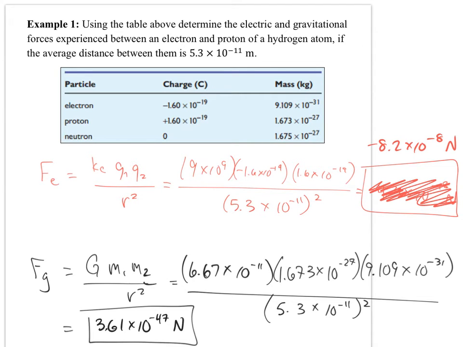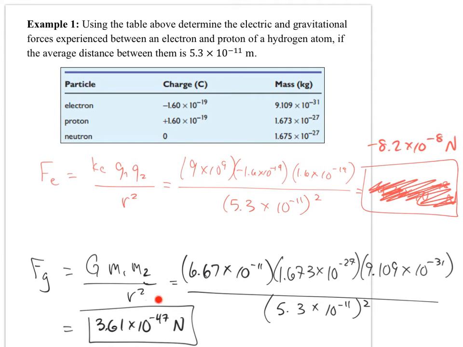I'll verify that one. So here's what I want you to see. Forget the negative positive part for a minute. The only reason we see negative again is because it was a proton and electron, so they're attracting each other. But look at the numbers themselves. Although 10 to the negative 8 makes the electric force a rather small number, the gravitational force is on the order of 10 to the negative 47.